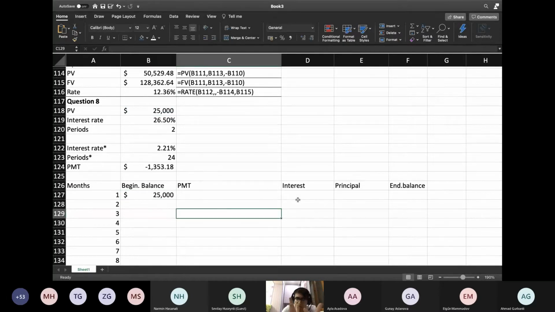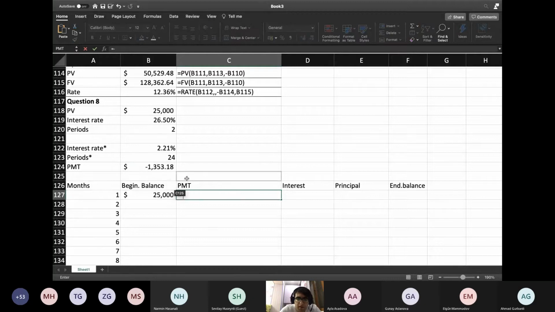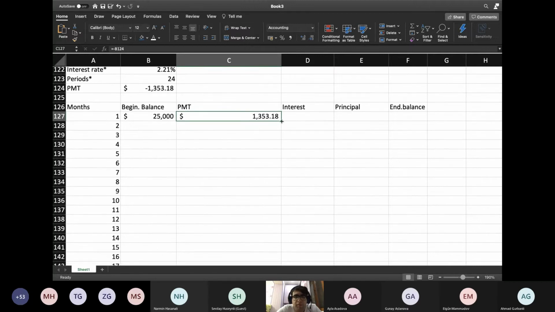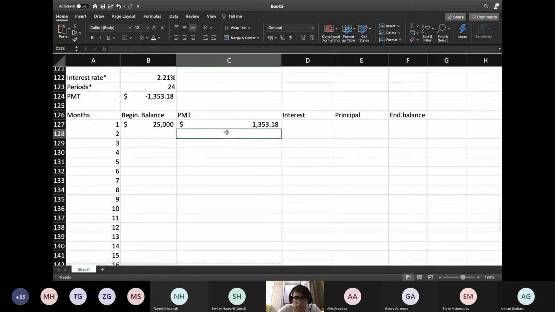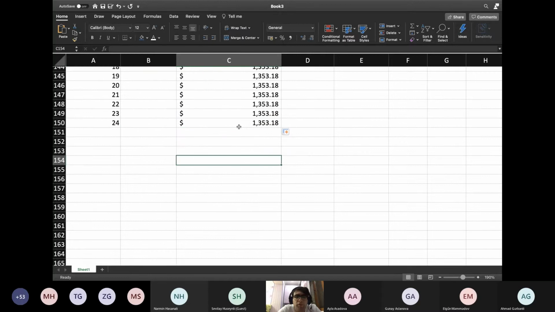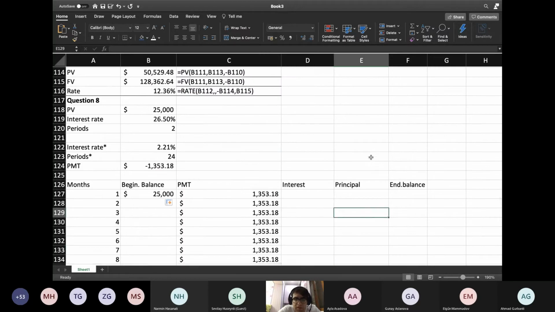Beginning balance is the money you took from the bank, the loan amount, $25,000. And you have PMT. Let me put a minus sign because we won't need the negative; let's work with positives. No problem with PMTs; they will simply be paid monthly. Let me drag down. For 24 months we will pay 1353.18.